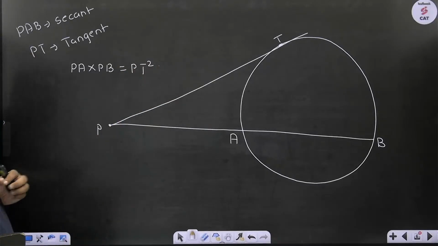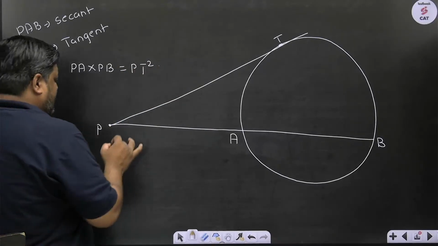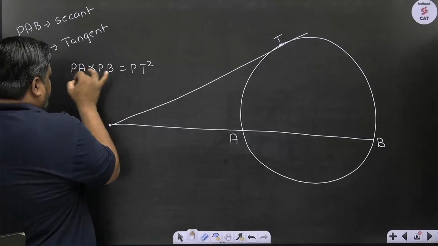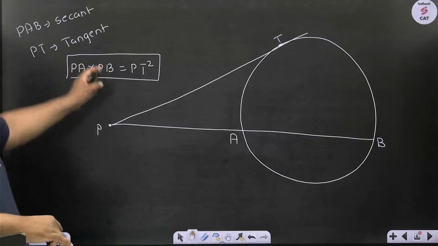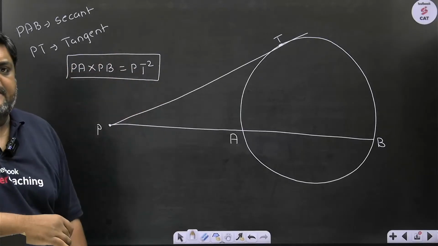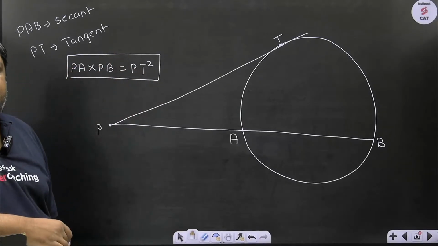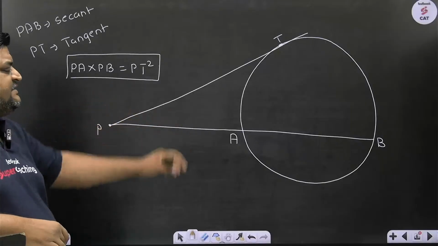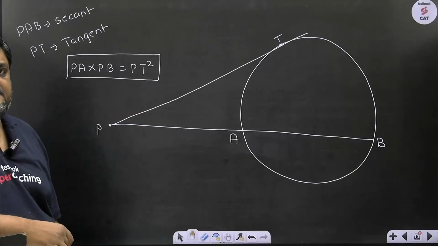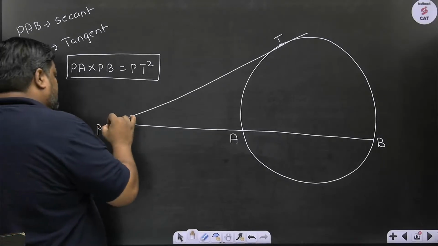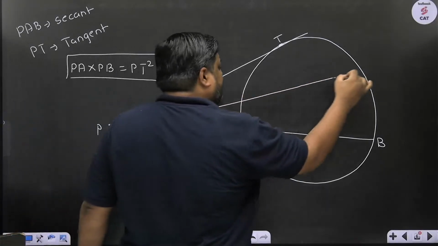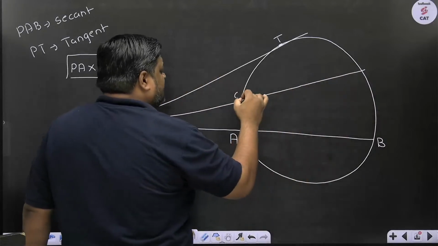Okay. First get a hang of this: PA into PB is equal to PT square, if there is a tangent and a secant. If there is one more secant, this is also a secant, CD.